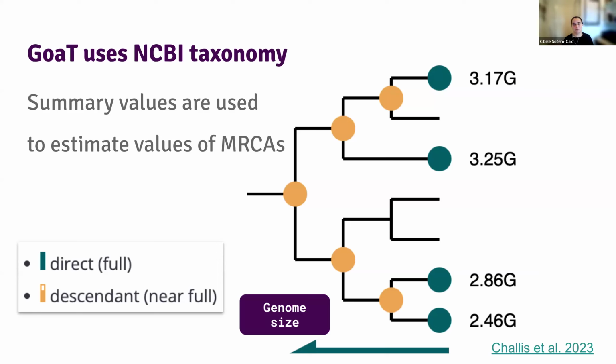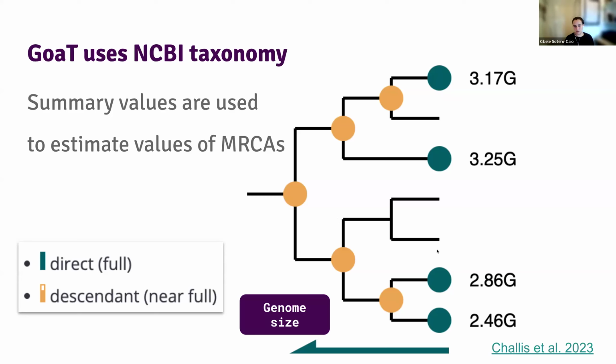For chromosome number, it would be the mode of all of the observations, and it populates back in the tree with the summary values for the group. So that's what you see as the estimates from descendants, right? It will show up in orange. There is a color code in gold that you can see on the table when you use the UI. And yeah, so it goes back on the tree.